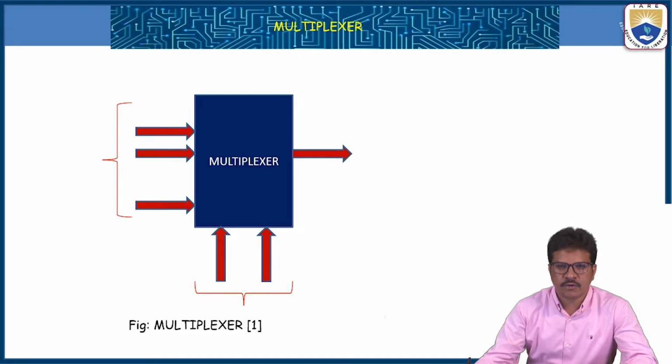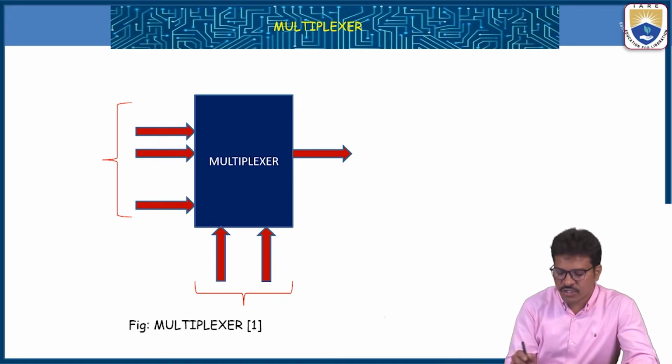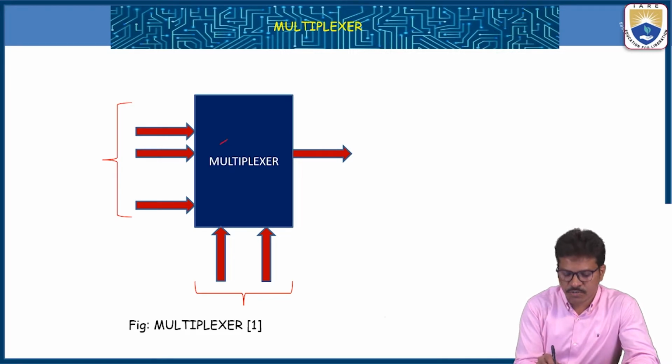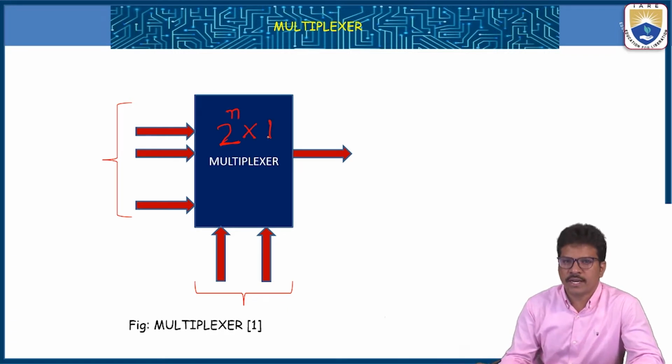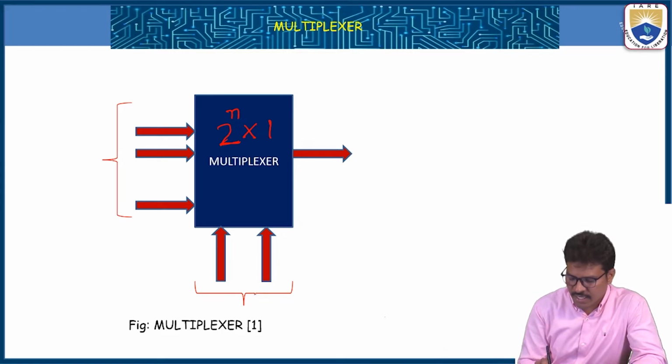A multiplexer is a combinational circuit which, based on the control signal, passes one of the inputs to the output. It has 2 power n inputs, where n is the number of select lines, and only one output. So the general representation of the multiplexer is 2 power n by 1, where small n represents the number of select lines.